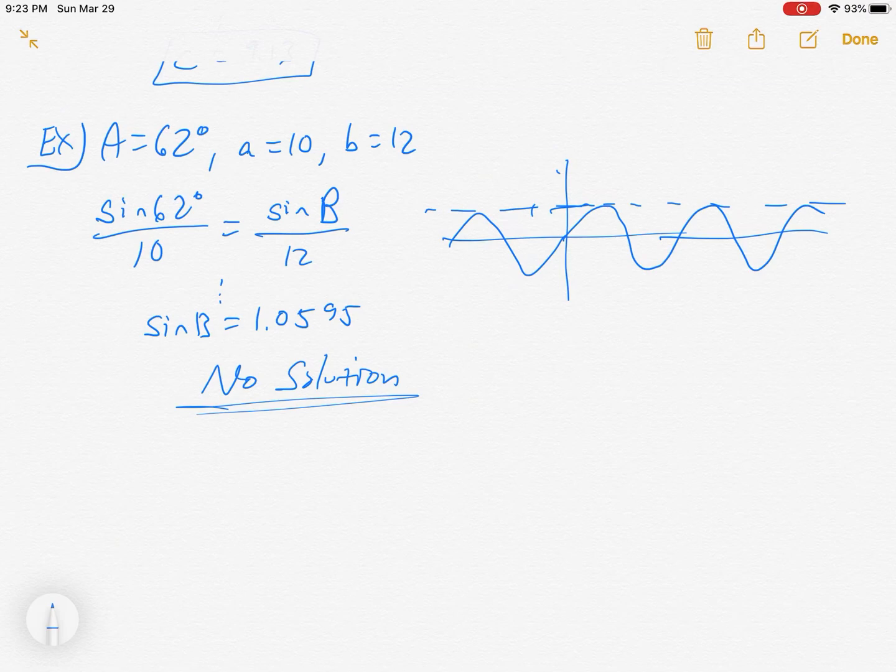Now you want to give yourself some justification, and I think this right here is enough justification. You could say because sine of b can't be greater than 1.